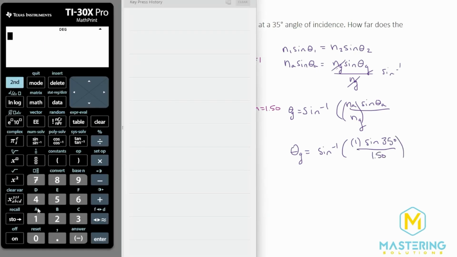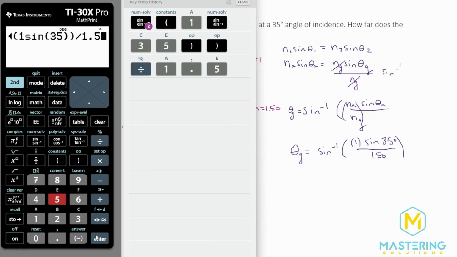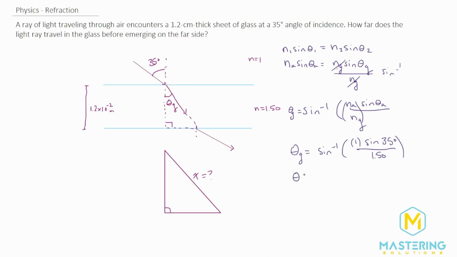So we have the inverse sine of 1 sine of 35, and then that's divided by 1.50. So our angle in the glass is 22.48 degrees. So we'll round that to 22.5 degrees. And that's an intermediate answer.